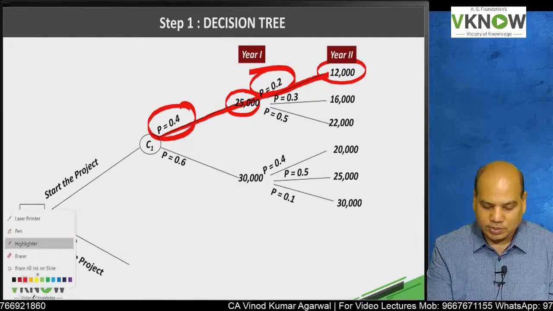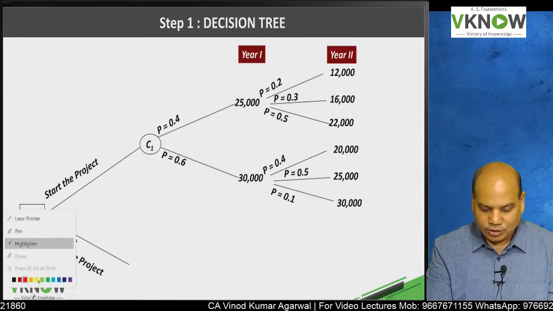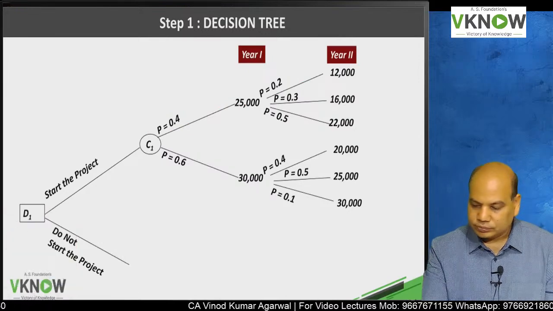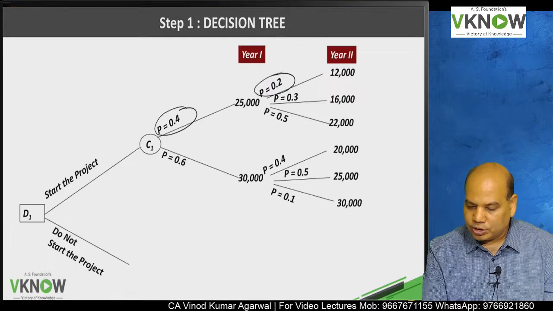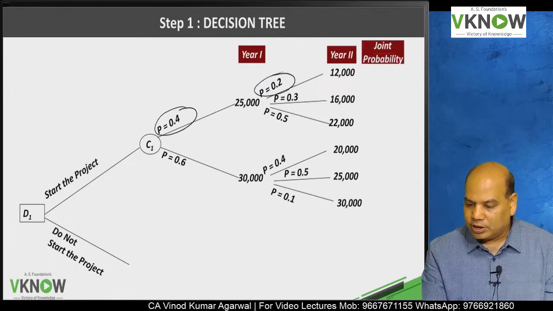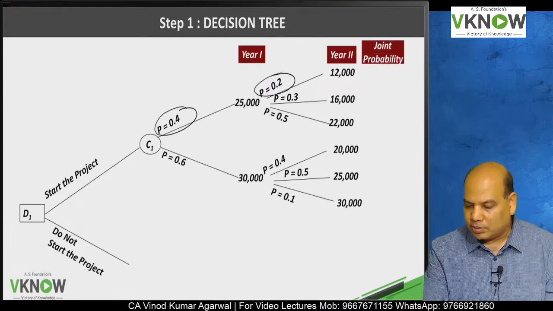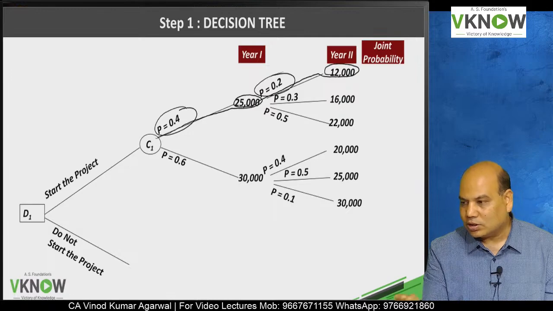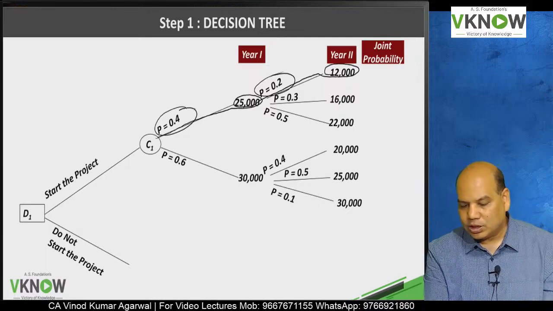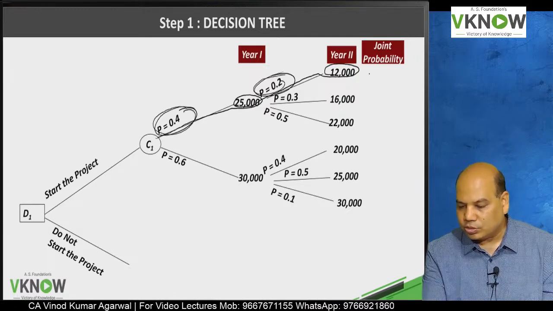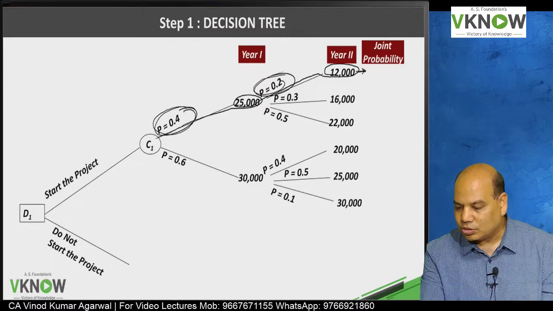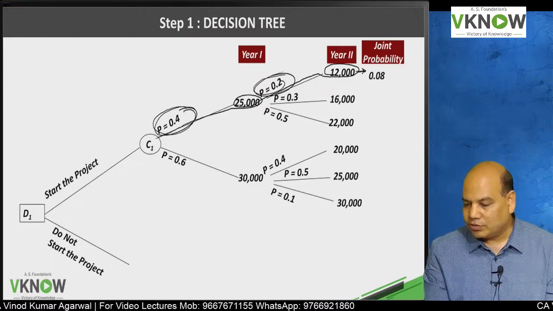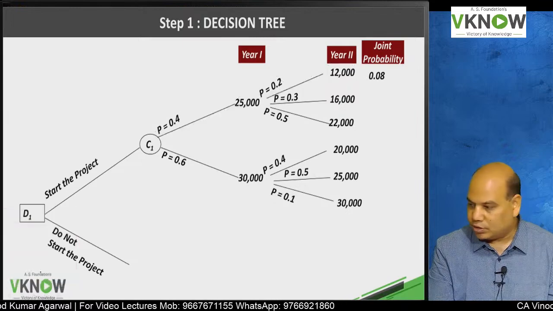Very good answer, Bapat. 0.4 into 0.2 is right. So joint probability, write down. Joint probability means probability of getting 25,000 in year 1 and 12,000 in year 2. Multiply 0.4 into 0.2 and just write down next to this number 0.08. You are right, 0.08 was right.